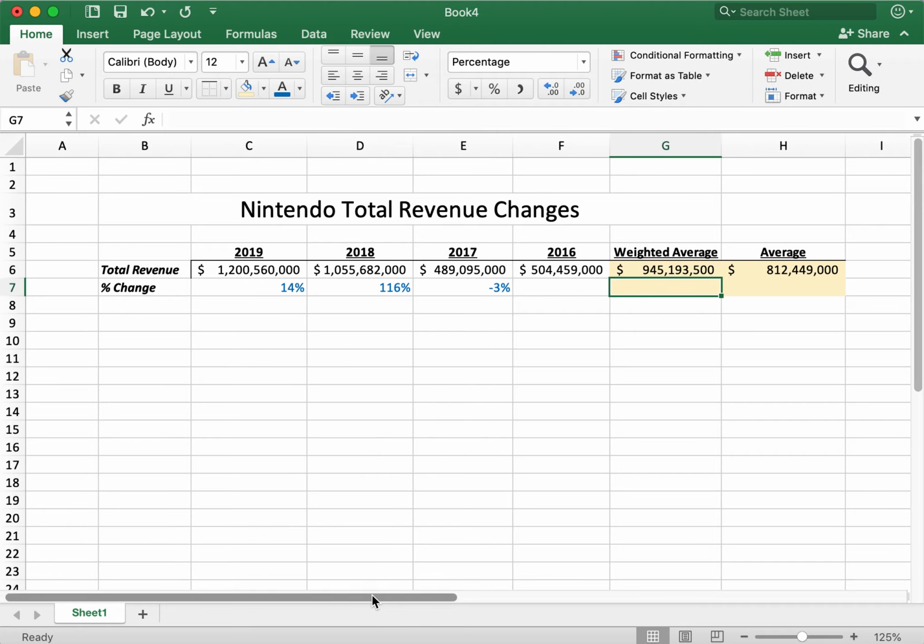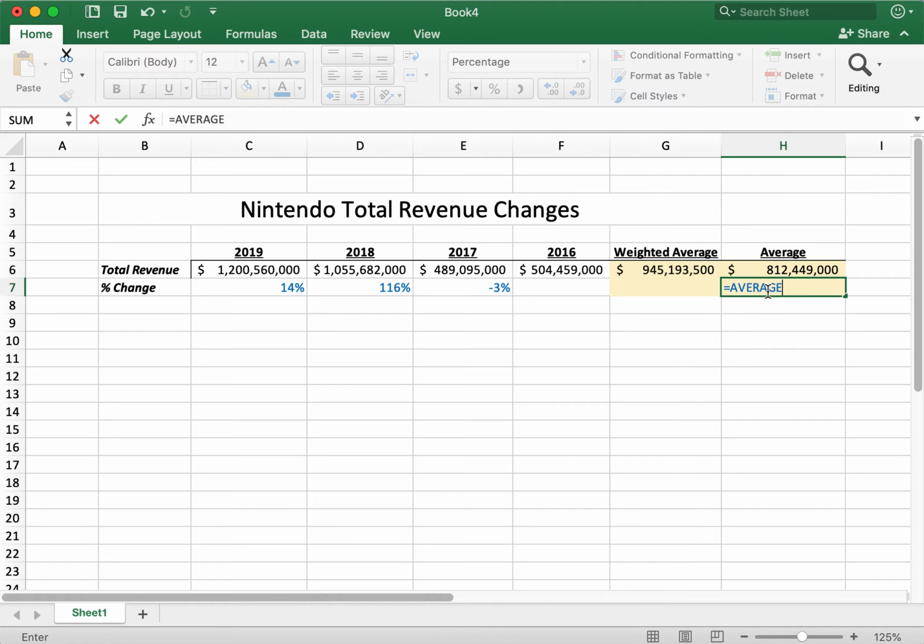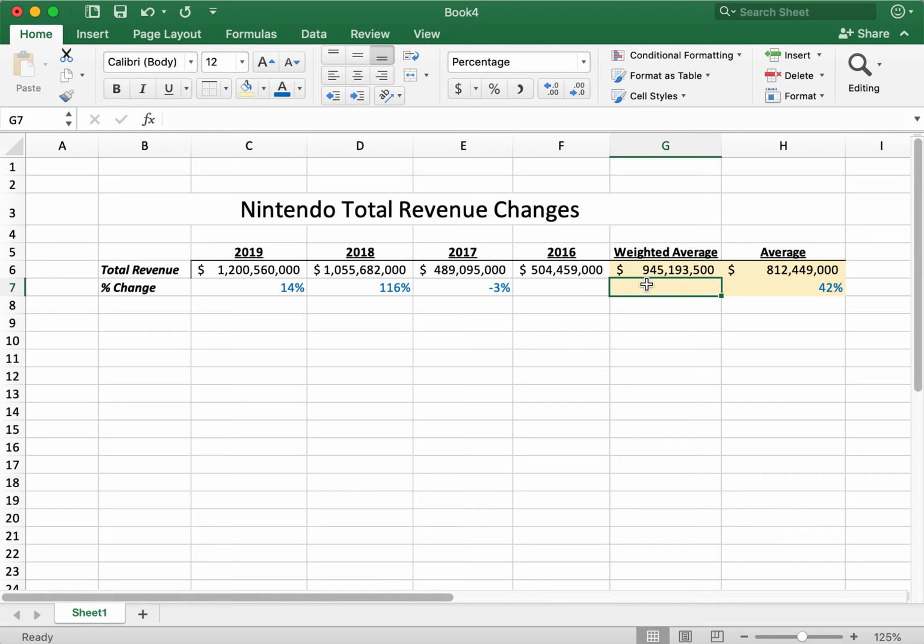So, once again, we can do ourselves a normal average, so equals average, and we can do from that one to this one, and we would wind up with 42.17%, which, of course, we'll just round down to 42%. But if we want to weight this, because clearly these numbers are far more important than these numbers over here, well, this is going to be 1, 2, and 3. Okay, cool.